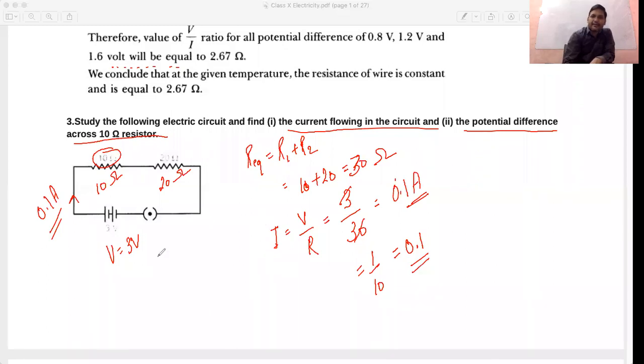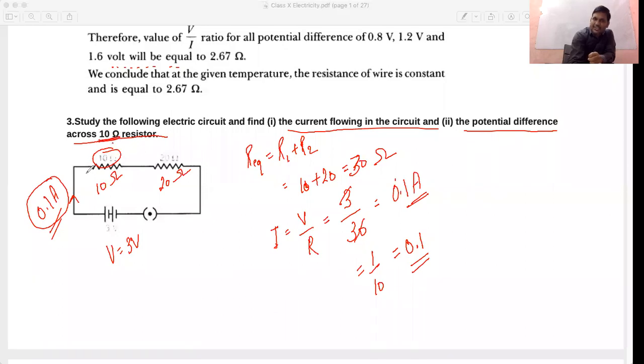Okay, sometimes it happens. Don't worry. So this current of 0.1 ampere is going to be constant in both resistors because these are in series. They are asking for the potential difference across the 10 ohm resistance.